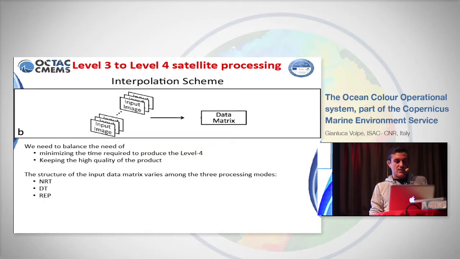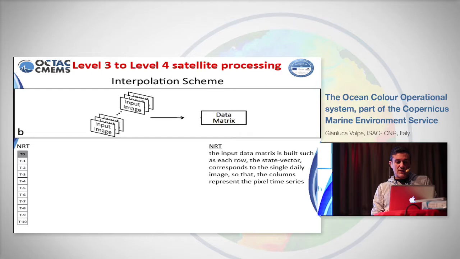We need to balance minimizing the time required to produce the level 4, so as soon as possible, let's say near real time, while keeping the highest quality of the product as possible, let's say in reprocessed data. So we have three different ways of interpolating our data.